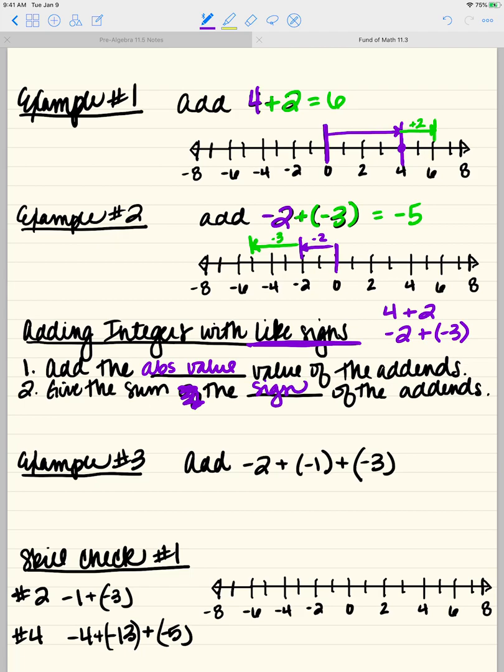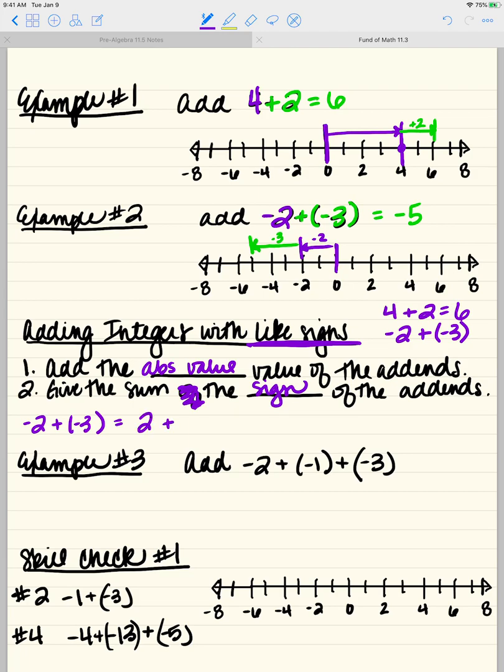Let me talk about what I mean about absolute value here. 4 plus 2, again, positive integers, we're good. We know 4 plus 2 is 6, okay? What happens when I say add the absolute value of these 2 negative integers? What is the absolute value of negative 2? 2.